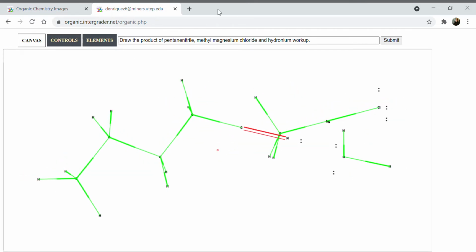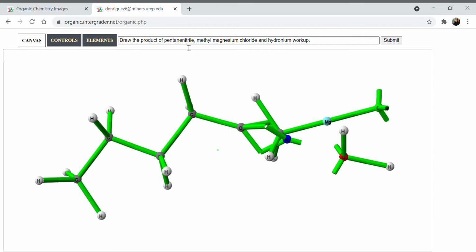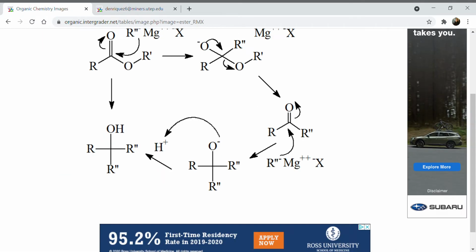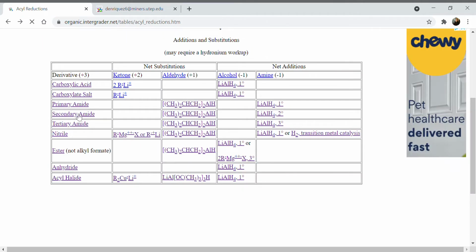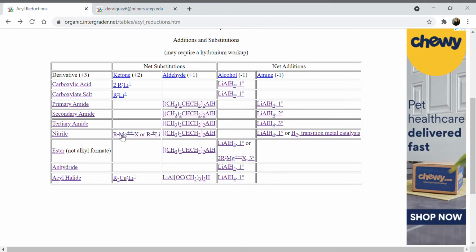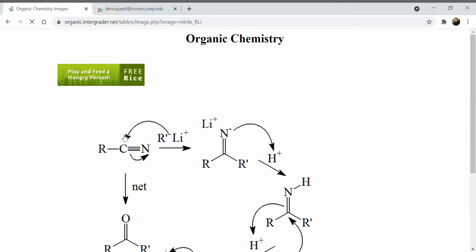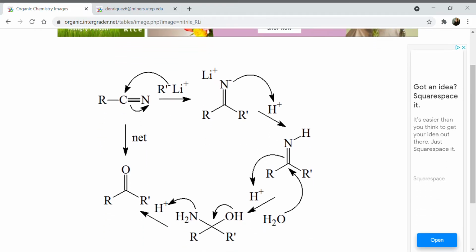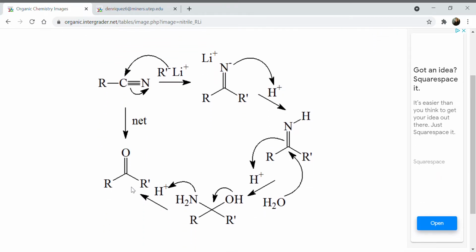Okay, so I'm reacting a nitrile with methyl magnesium. So I'll go back to my chart, go to nitrile, and I see we have the magnesium right here. So the end product is that carbon attached to the methyl from the methyl magnesium, the normal attachment that was already there, and a double bonded oxygen.